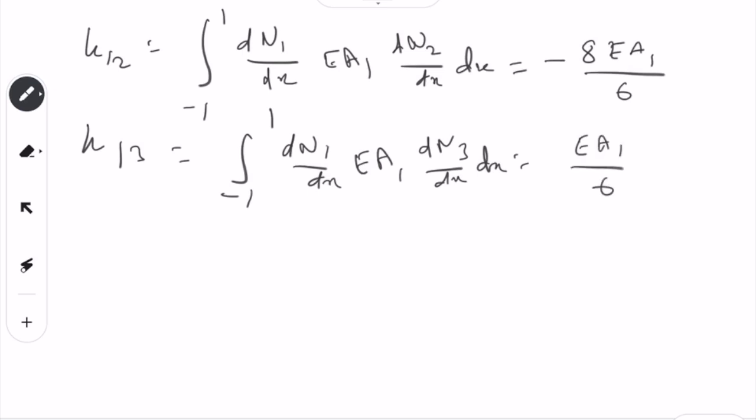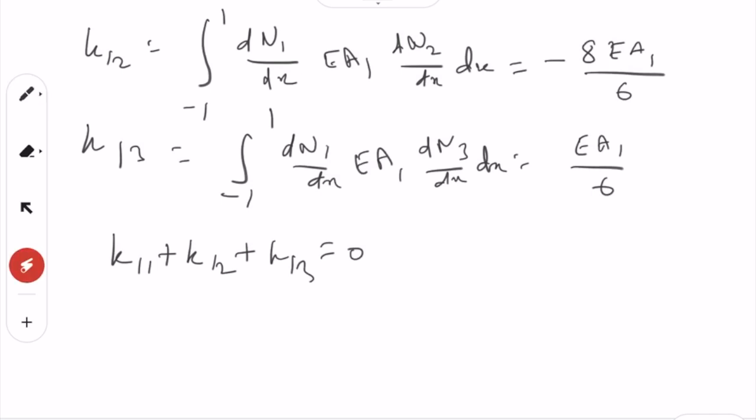Actually, you did not have to find out K13, because you know that the sum of each row has to be equal to 0. So K11 plus K12 plus K13 equals 0.